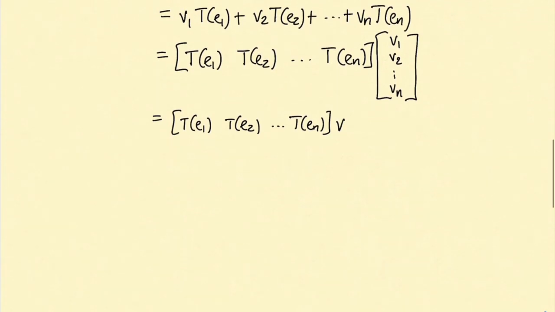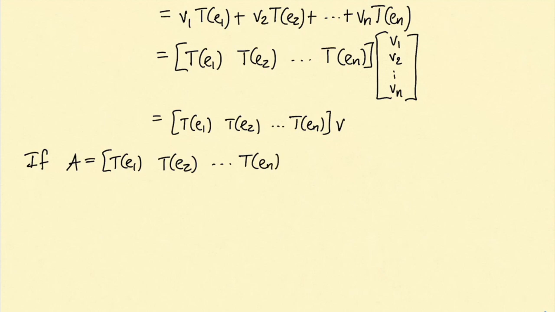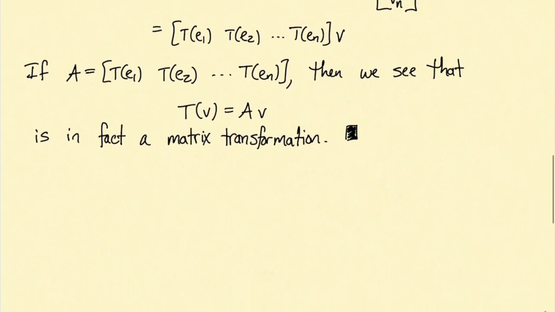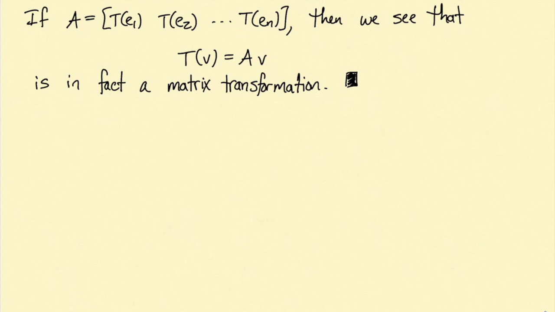So if we choose A to be the matrix whose columns are T of e1, T of e2, down to T of en, then this arbitrary linear function can be written as a matrix transformation. Now that we understand this in generality, let's do a couple of concrete examples.